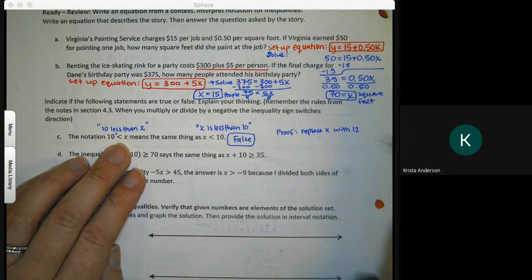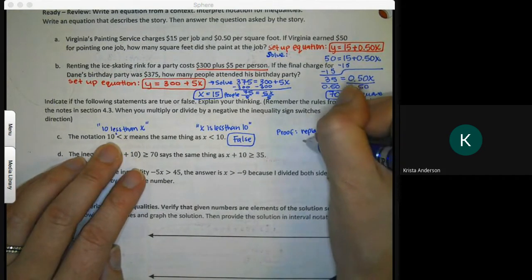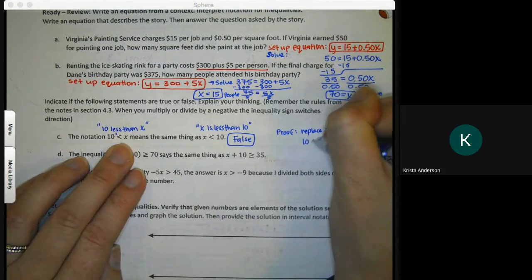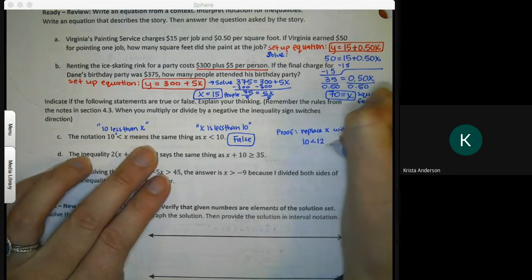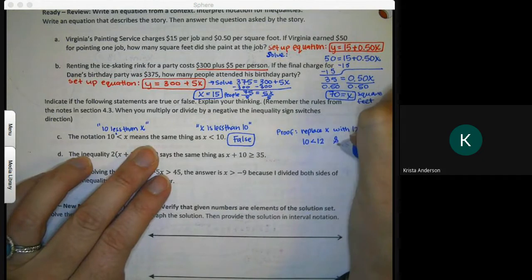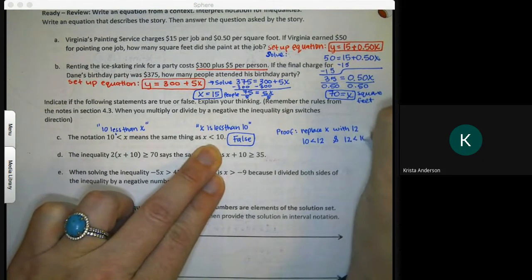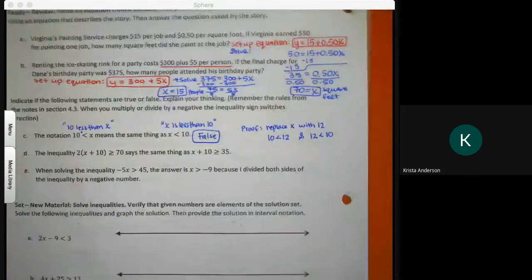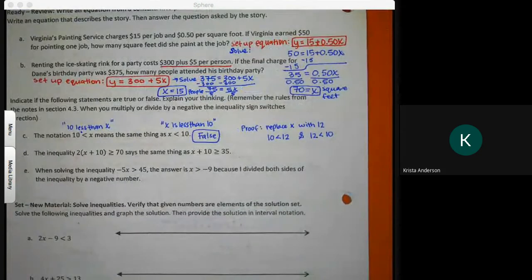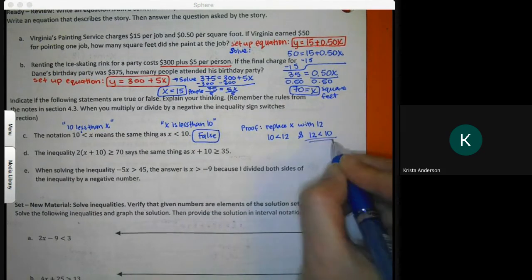I'm going to replace x with 12, and I'm just going to see if this makes sense. 10 is less than 12, and 12 is less than 10. Which one of these inequalities does not make sense? Remember the alligator eats the bigger number? The one on the right, the alligator is not eating the bigger number. This is why it is false.